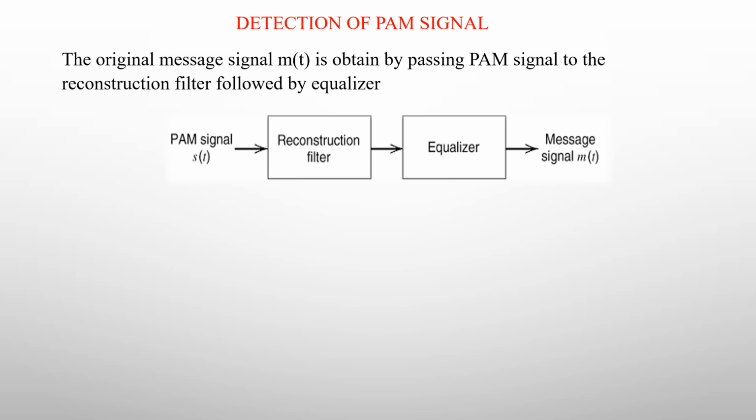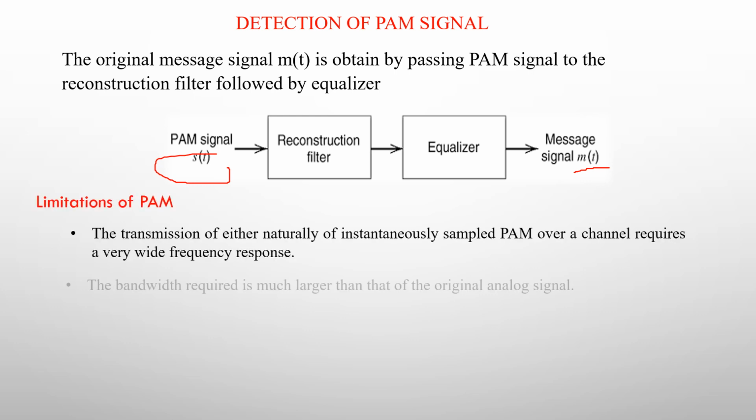It consists of a reconstruction filter and an equalizer. The pulse amplitude modulated signal s of t is applied to the reconstruction filter. The output of the reconstruction filter is connected to the equalizer. Across the equalizer we receive the message signal. The message signal is m of t and the pulse amplitude modulated signal is s of t.